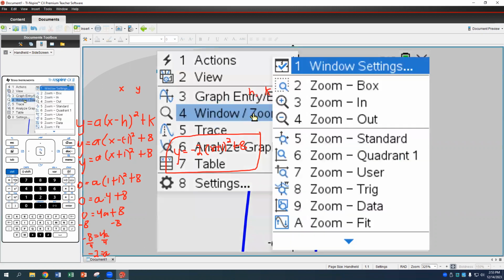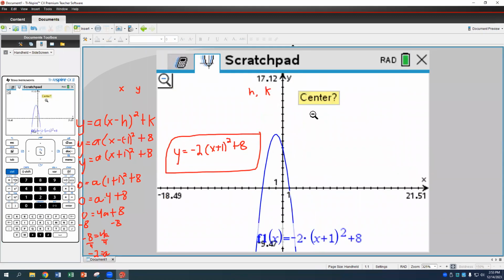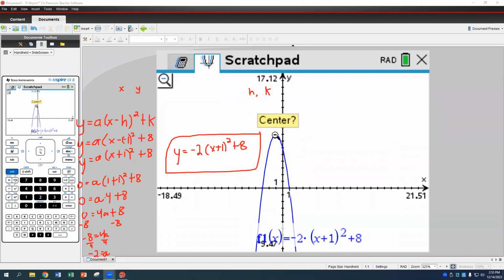We would be able to see our vertex is at -1, 8, and then our point on here, that should be the point 1, 0. Okay, goes to the point 1, 0. Vertex is -1, 8. All right, let's go to number 2.